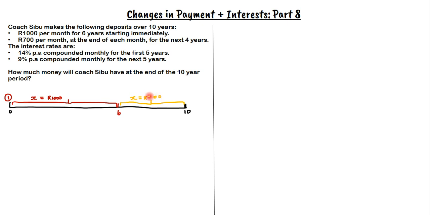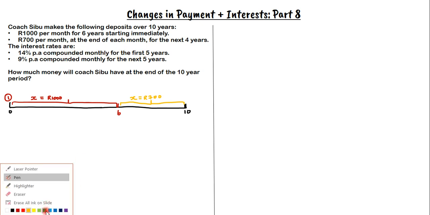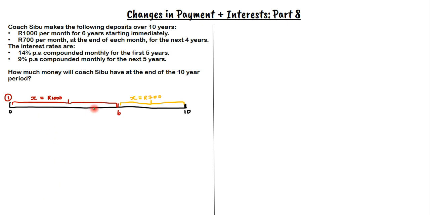Now let's talk about the change in interest. They said that the interest was 14% per annum compounded monthly for the first 5 years. So I'm going to put in 5 here.